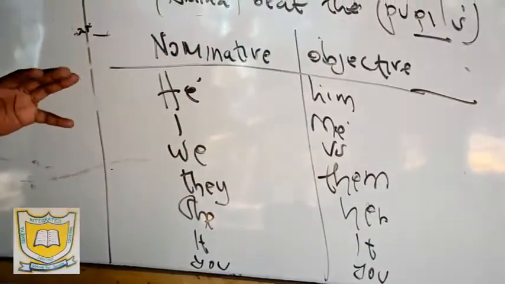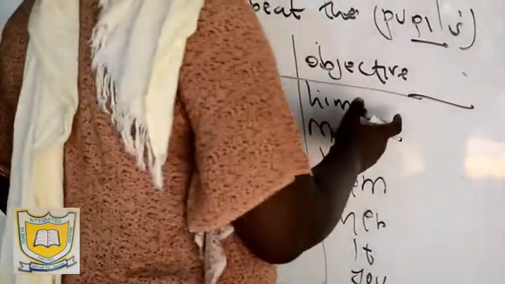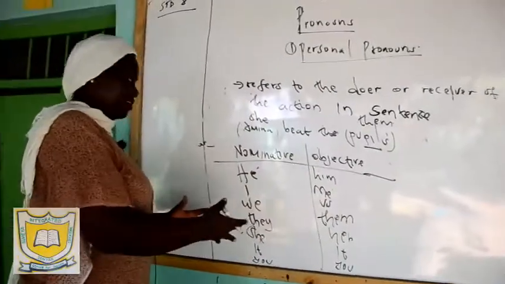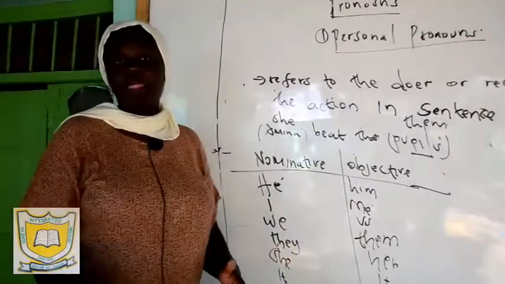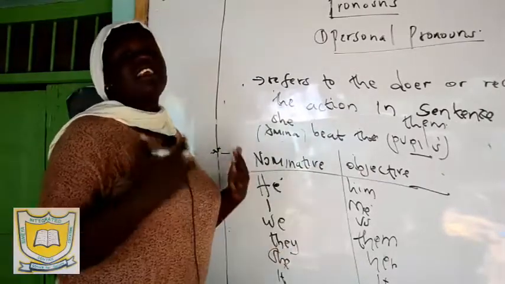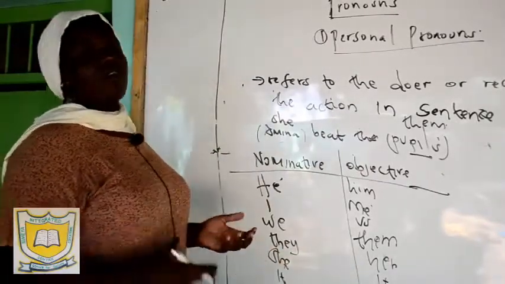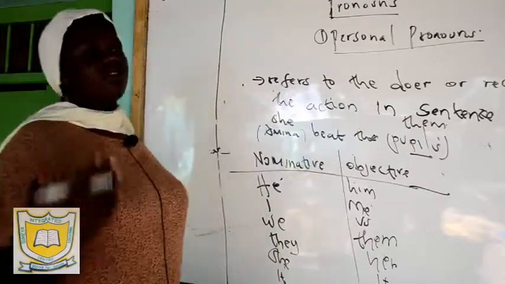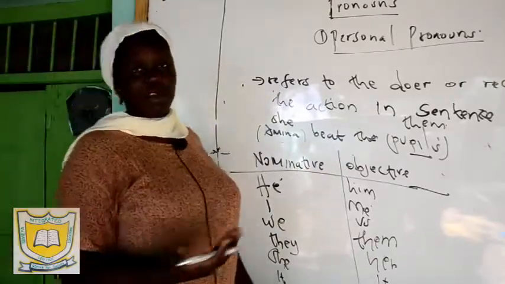So you realize that we have nominative pronouns and objective pronouns, but all these are what we call personal pronouns. Before we break them down into nominative and objective, they just lie under one group. For example, if you get a question: which one of the following is not a personal pronoun?